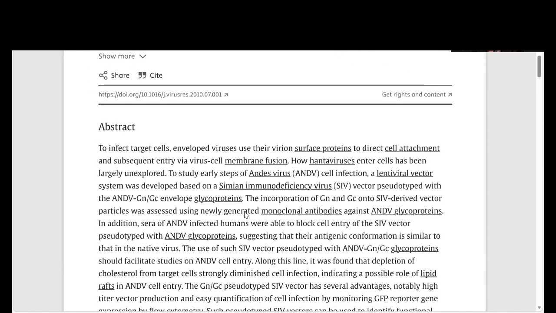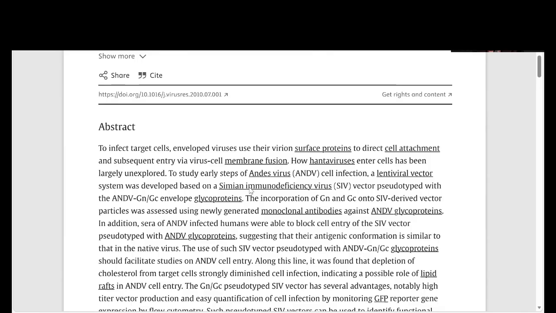We know how they're done now. To study early steps of Andes virus cell infection, a lentiviral vector system was developed based on the simian immunodeficiency virus, SIV.